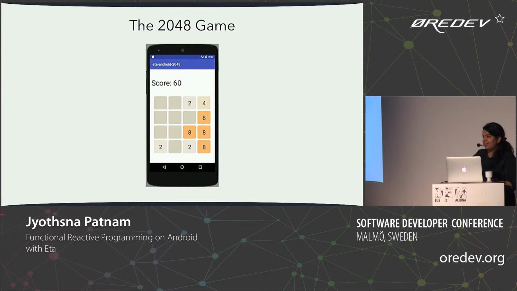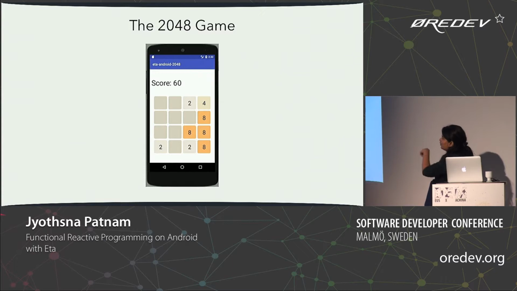Now that we've seen ETA, let's get our hands dirty and implement something. I've chosen the 2048 game. How many of you have played a 2048 game before? Okay, that's pretty much everybody. This is a very simple puzzle game where you can swipe up, down, left, and right.